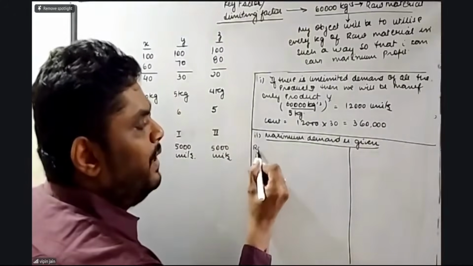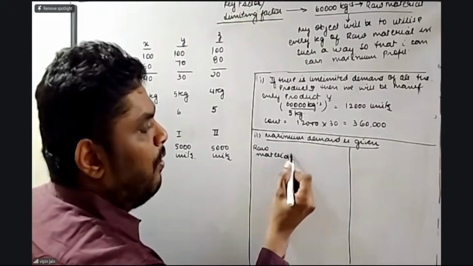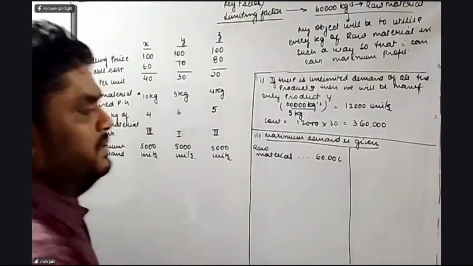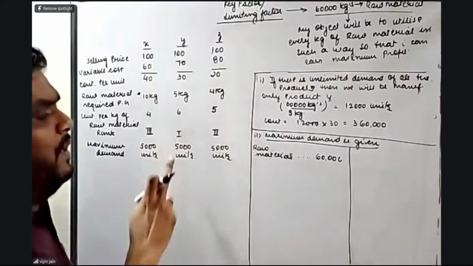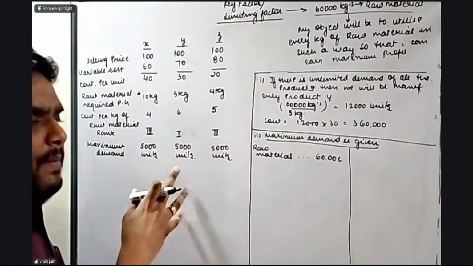so see, we have raw material that is 60,000 kgs. Now, first priority will be given to what? Y. We will complete the full 5,000 units of Y because the maximum demand is 5,000.